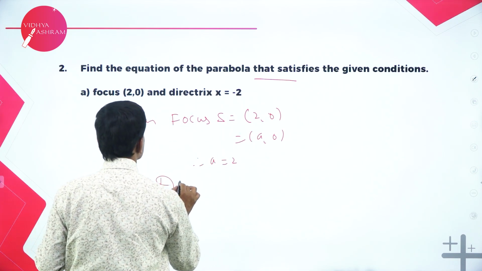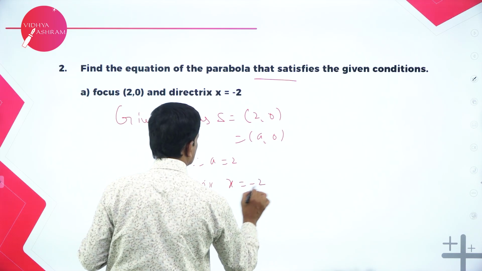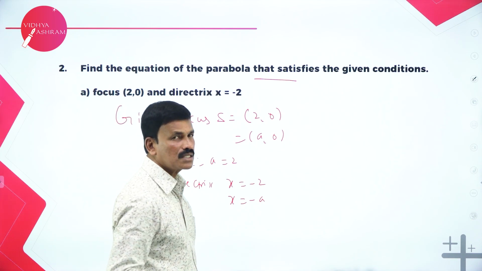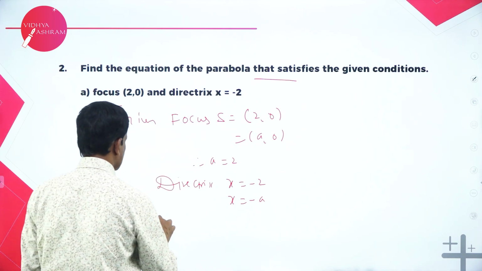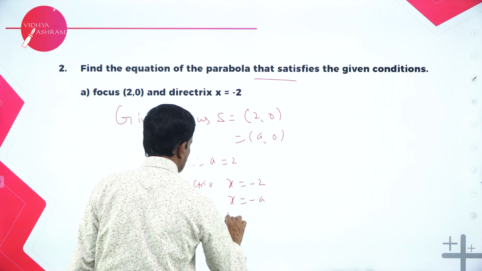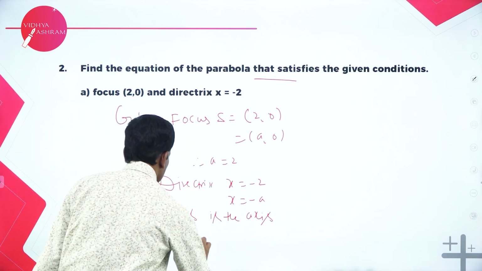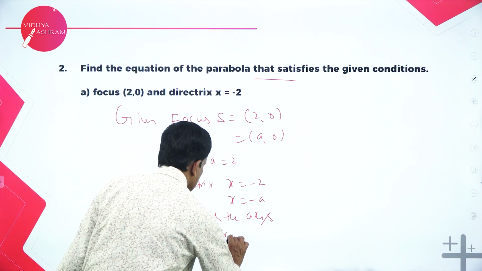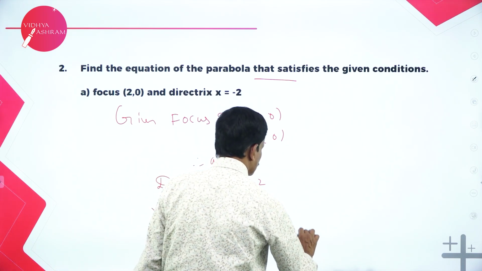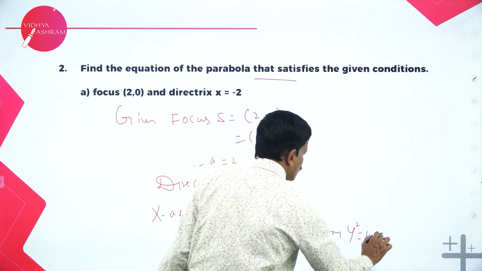And the directrix x is equal to minus 2 means x is equal to minus a. That means the axis of the parabola is the x-axis. Since the directrix is minus a, the parabola is of the form y square is equal to 4ax.